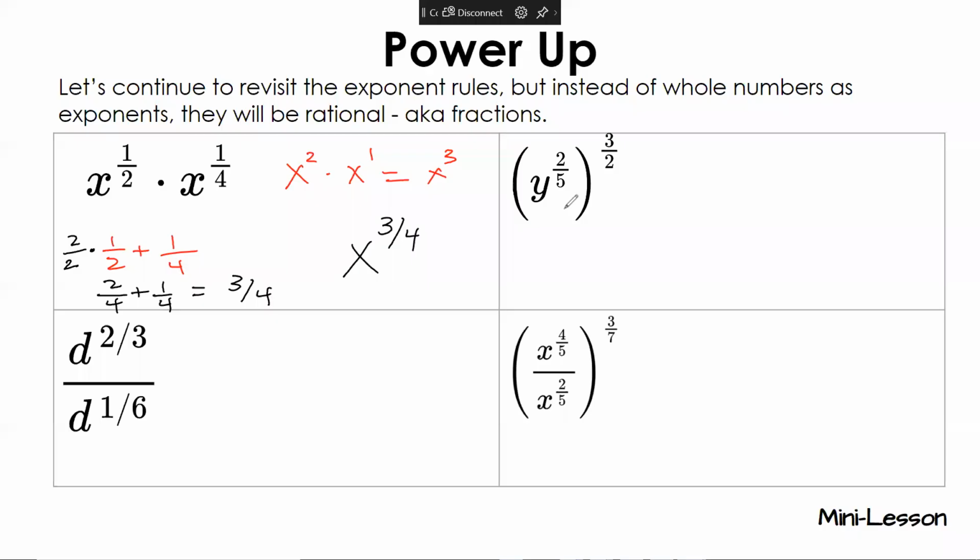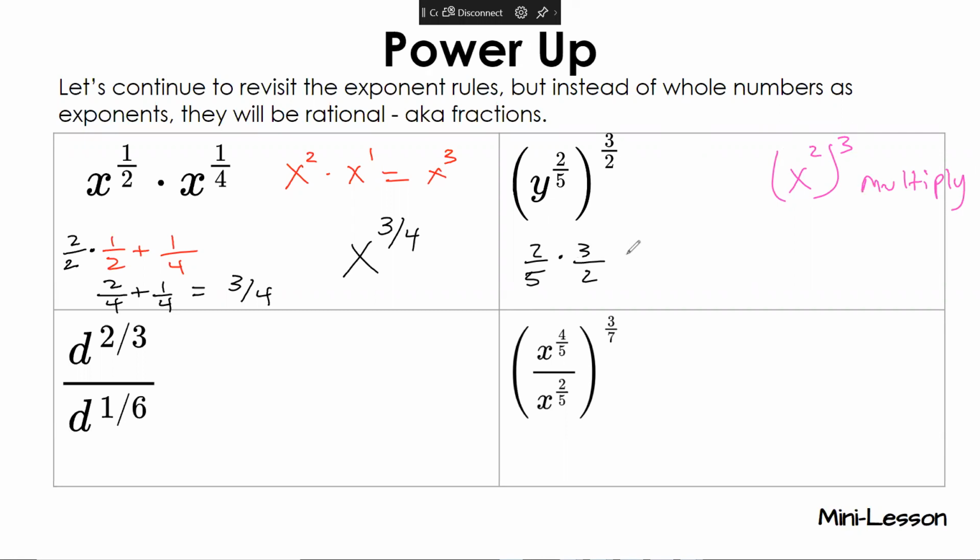Next one, when we had a power raised to a power yesterday, so when we had something like this, what did we do with the exponents? We multiplied, right? Okay, so same thing's going to happen here. We're going to multiply these fractions. So that's going to be 2/5 times 3/2.